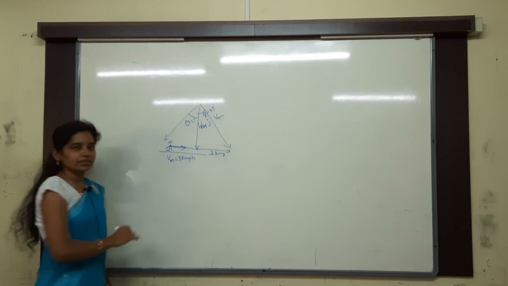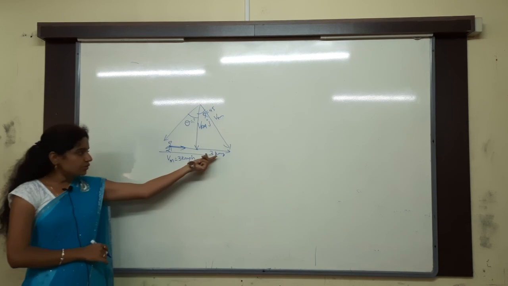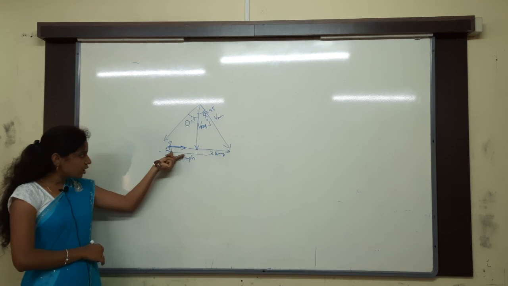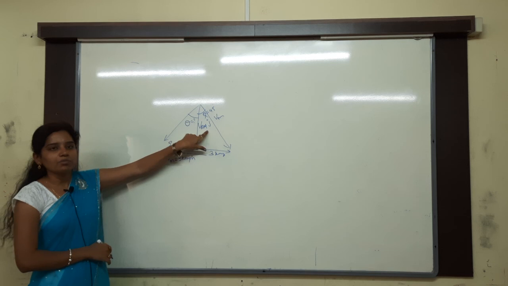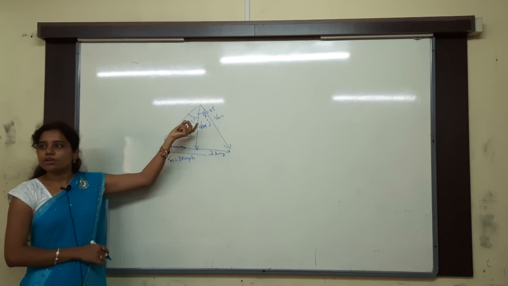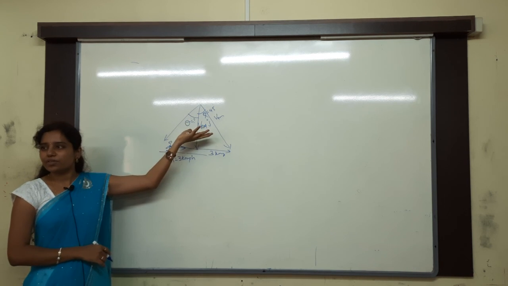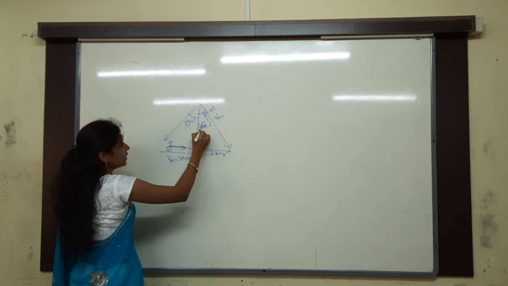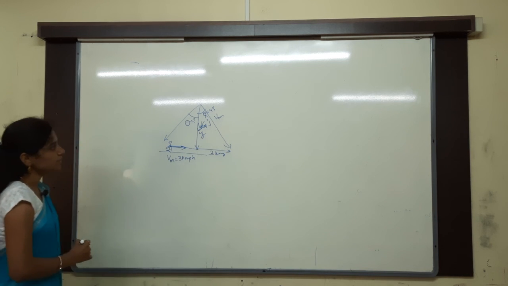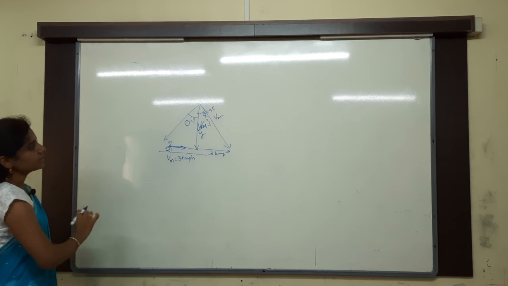What is this angle? Here opposite is 3, here also opposite is 3. What is the vertical value here? Here VRM only, here also VRM only. So what will you get? Theta is 45 only. Let me take this VRM as Y, for simplicity, as Y j cap.